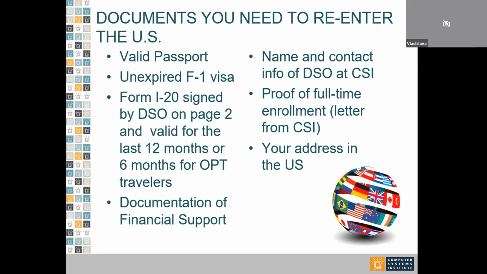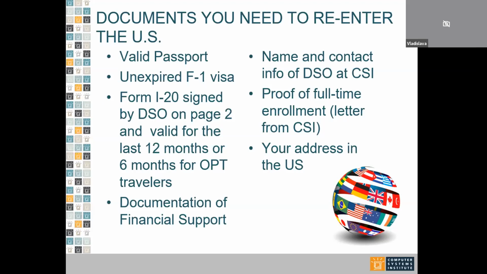There are differences between student status and student visa. Visa is just a stamp on your passport. It allows you to travel and re-enter the country in F1 status. F1 status itself confirms that you are legally and lawfully present in the United States. You maintain your status, even if your visa is expired, by attending classes and meeting USCIS regulations.